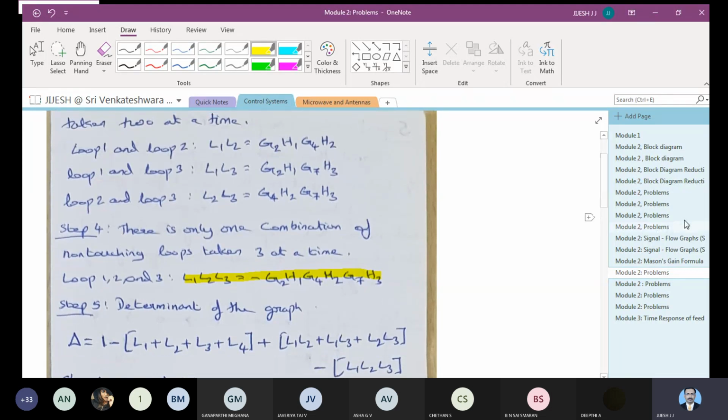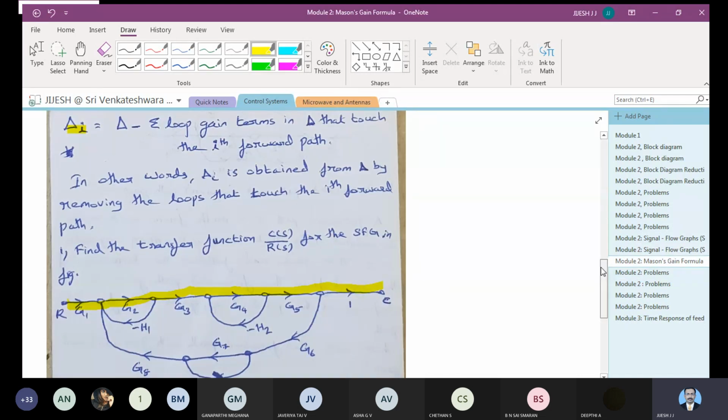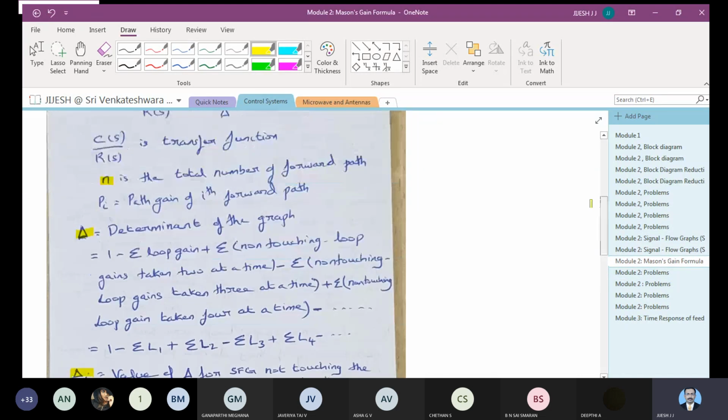In Mason's gain formula, delta is 1 minus summation of loop gains, plus summation of non-touching loop gains taken 2 at a time, minus summation of non-touching loops taken 3 at a time.